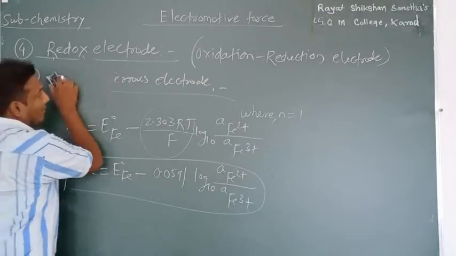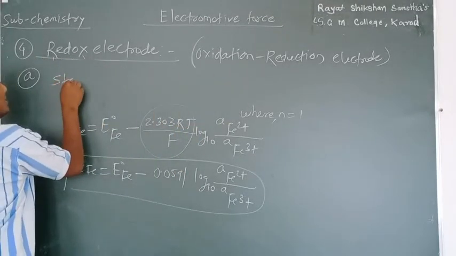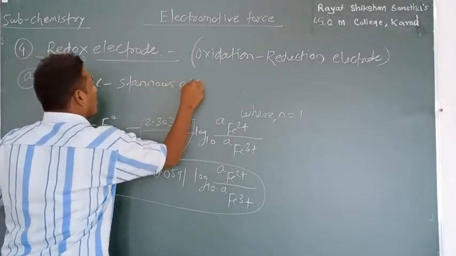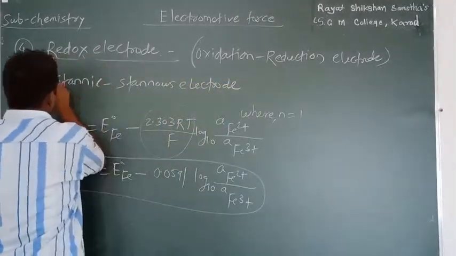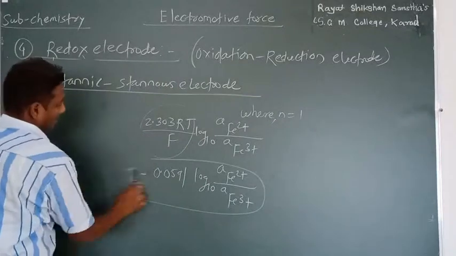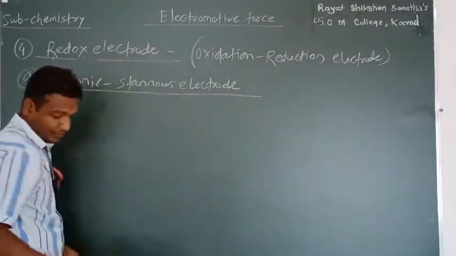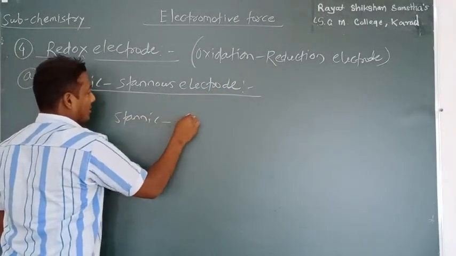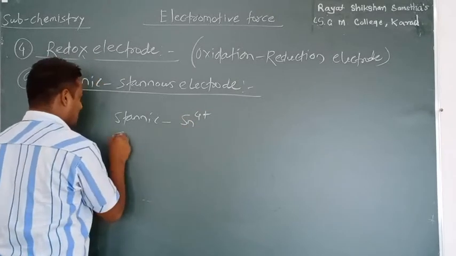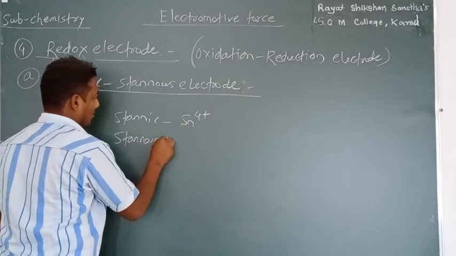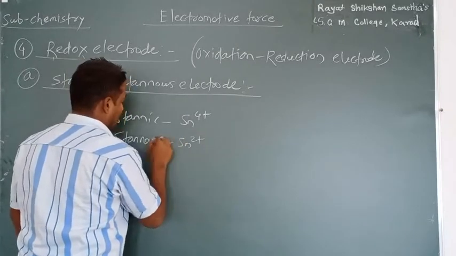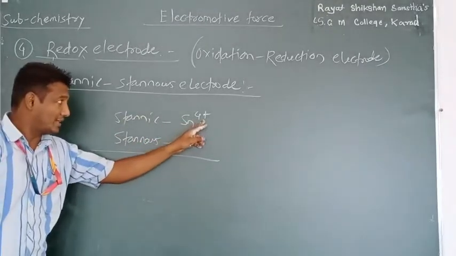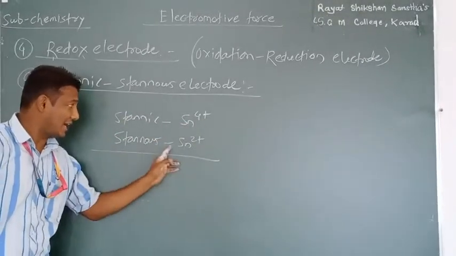Next we will see the example: stannic stannous electrode. Stannic means 4+ and stannous means 2+. Here stannic means Sn4+, and stannous means Sn2+.